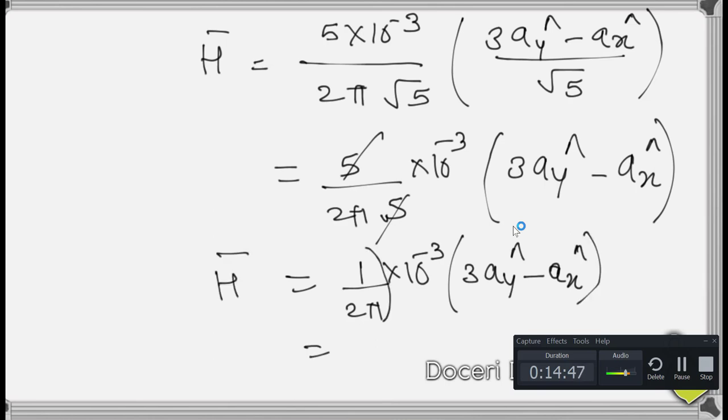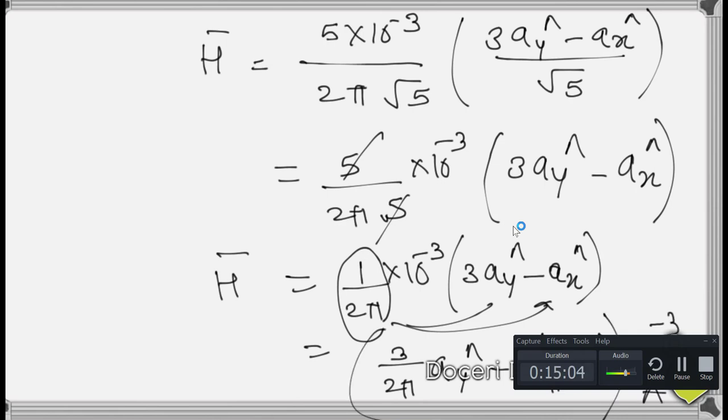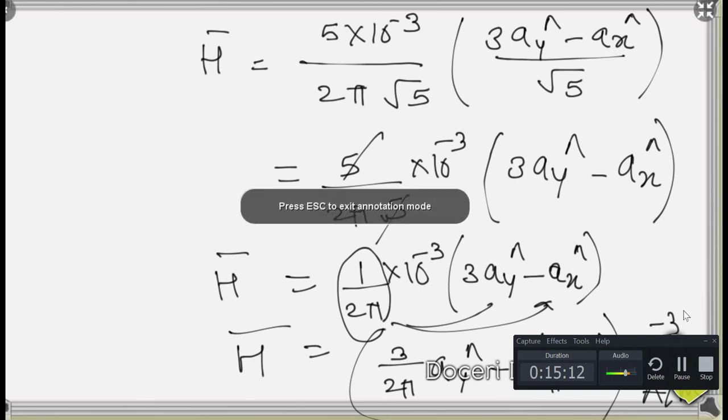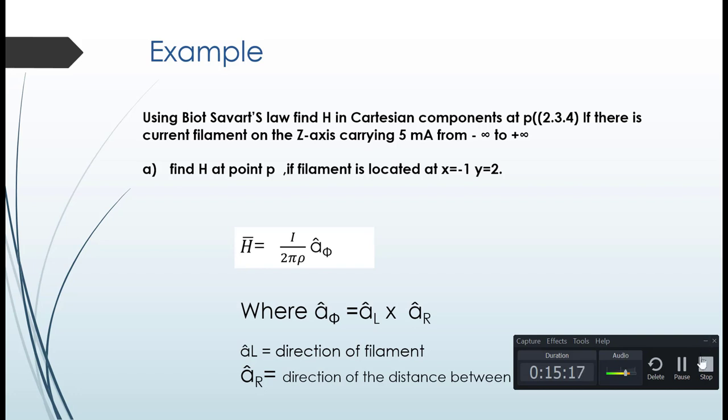So you can multiply by this quantity to the bracket and then solve it again one more time. So 3 divided by 2 pi AY cap, minus AX cap, whole into 10 raised to minus 3 ampere per meter. So this intensity is again in ampere per meter, right? So this is the value of the intensity.